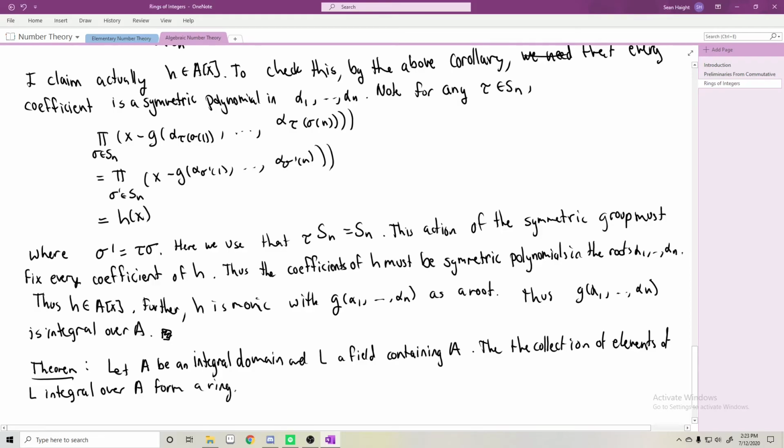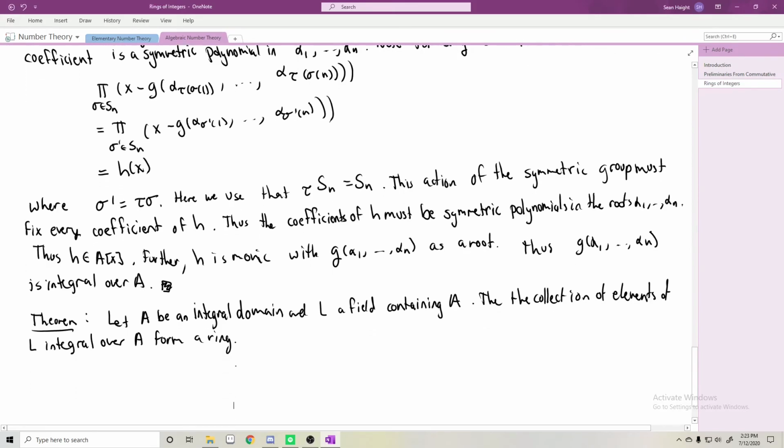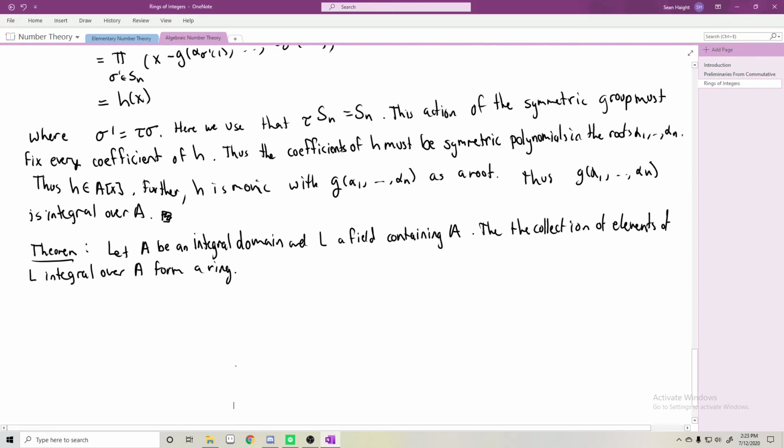So what do we need to show here? For this to be a ring, essentially all we really need is for it to be closed under multiplication and closed under addition. So proof.